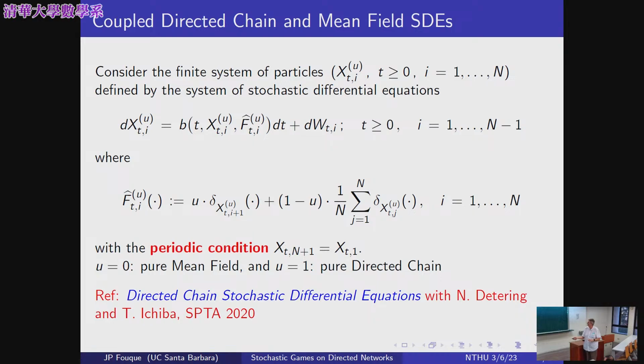So the dynamic is prescribed. And this is something we have studied with another colleague of mine, Detering, at UCSB, with also Tomoyuki Ichiba, published in this journal, SPTA. And we studied the behavior of this system. No gain, no control, nothing, just so let me try to summarize what we observed.